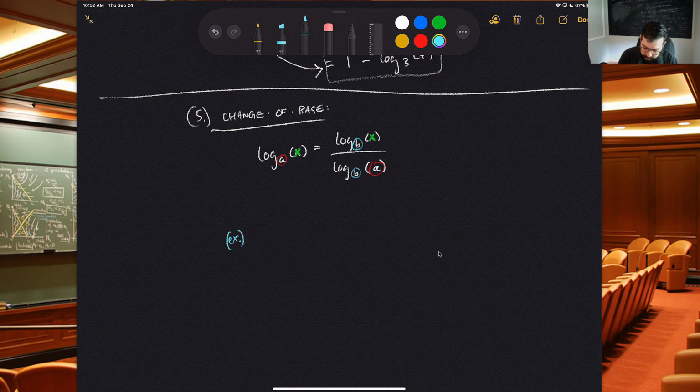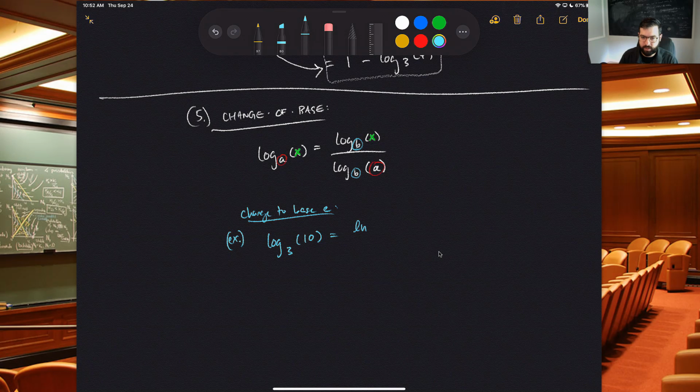So if I'm taking the log base 3 of 10, and I want to change this to base e, because I'm working with e a lot, let's say. Well, then I would change this to be log base e, or ln.